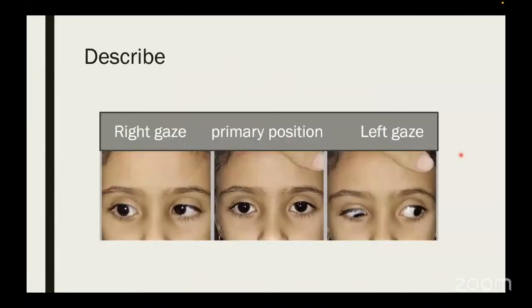Okay. So this young child came to your clinic. Comment on the photos, please. In the primary position, I can see slightly the right eye exotropic by Hirschberg test. On the right gaze, there is a hyper elevation of the left eye on adduction.